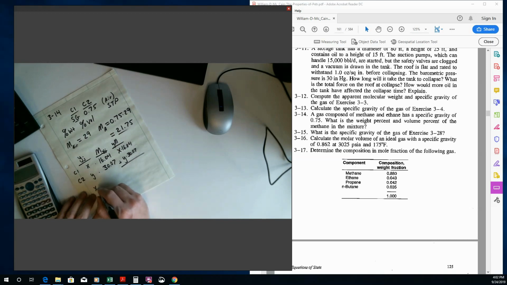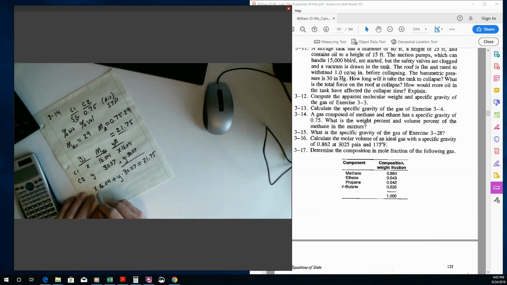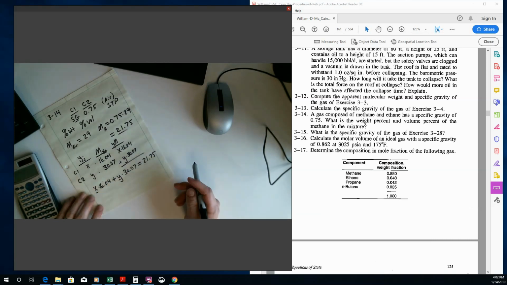So x times 16.04 plus y times 30.07 should equal 21.75. So this is one equation with two unknowns, right?